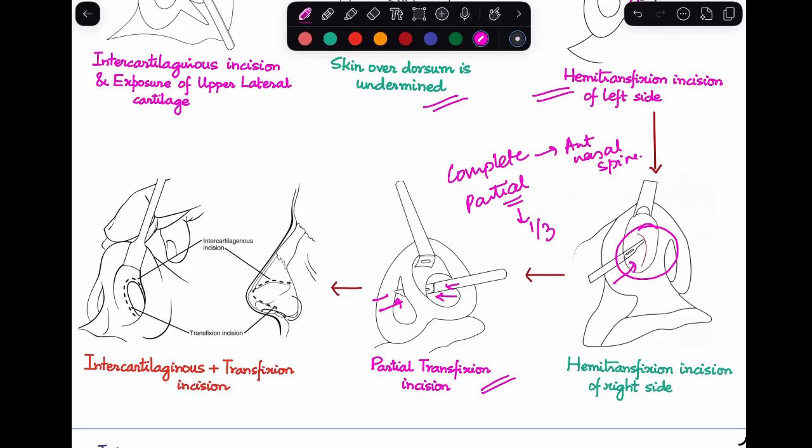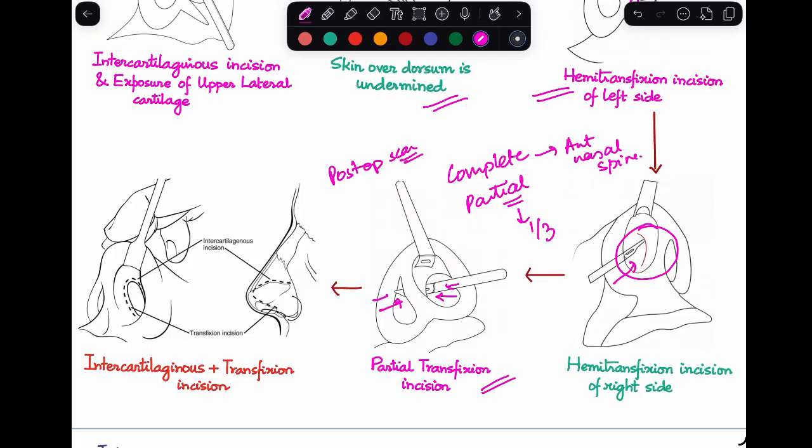Partial transfixion incision is given when you do not require any septal surgery, so you do not require any septal access. So we have made the transfixion incision now, and we'll have to make sure that we are avoiding cutting through the middle of the membranous septum, because that can actually lead to post-operative scar formation.